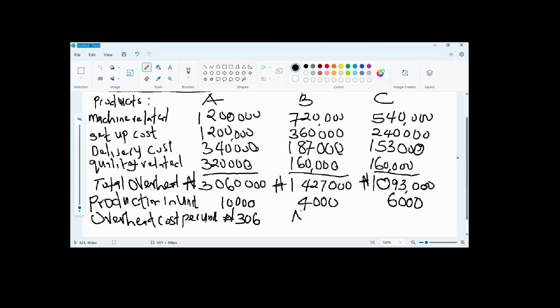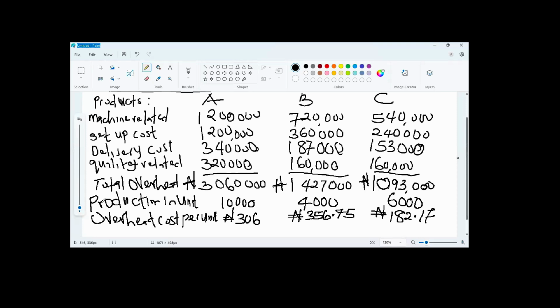What do you have here? $356.75. What do you have here, please? 182.17. You have gotten overhead cost per unit.